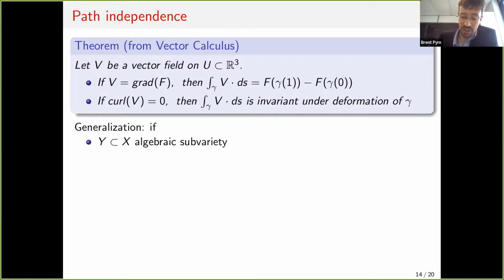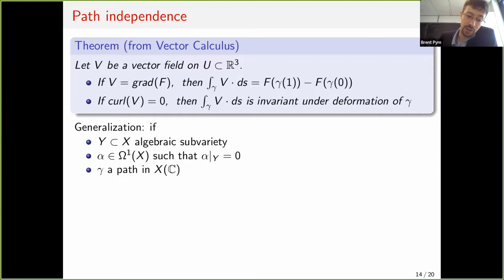So there's a generalization in algebraic geometry which says that if you have an algebraic variety x and an algebraic subvariety, so it's just a subset which is cut out by further polynomial equations, then you can take a one form, so something which you can integrate on x, and let's assume that when you restrict it to y, you get 0.